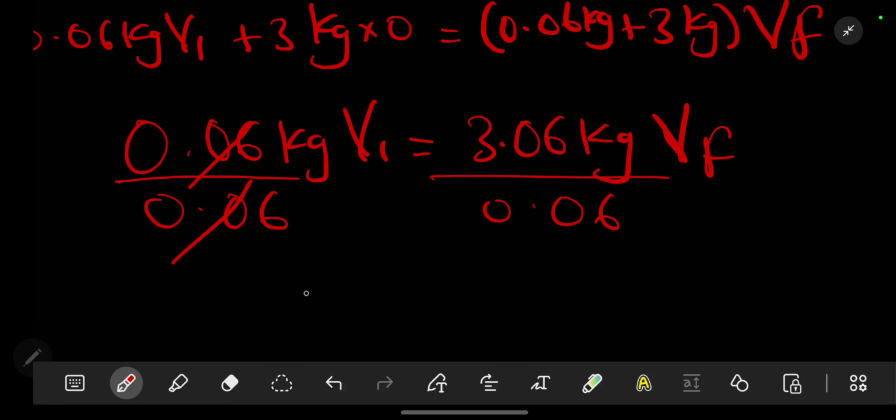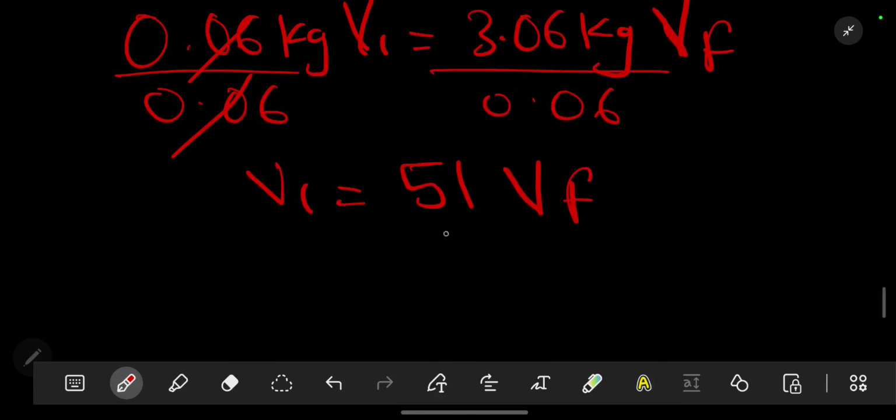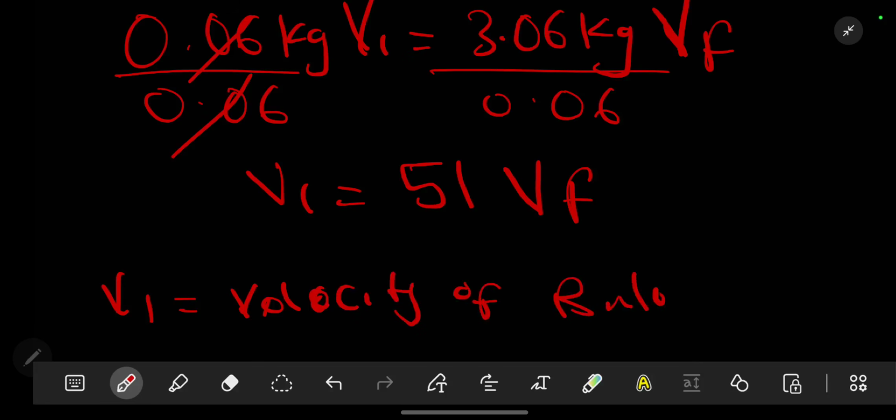We are going to have our V1 should be equal to 51 times the velocity final, like that. So this is our velocity of the bullet. You can include in your working to say V1 is equal to the velocity of the bullet.